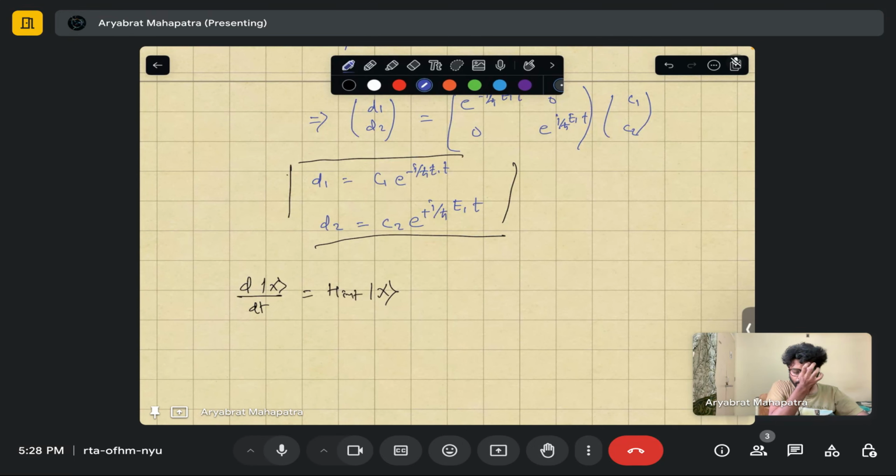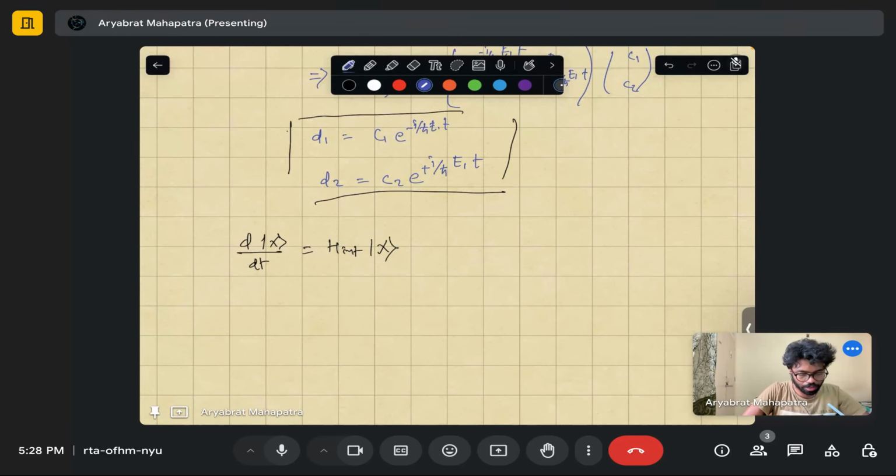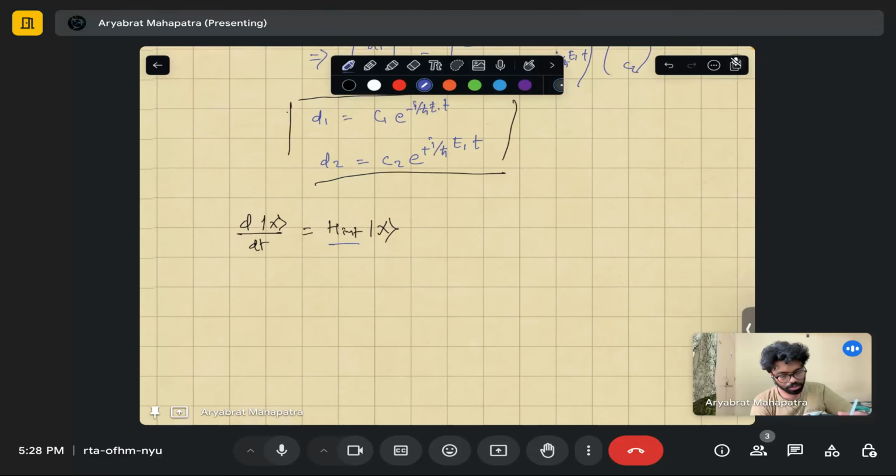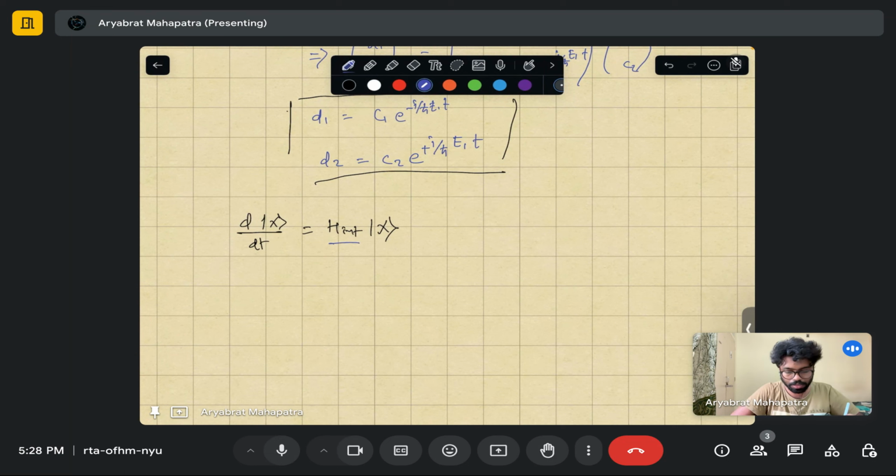So yeah, we now have to determine what is chi. We have to determine chi from Hint. So for that first we have to calculate what is Hint.